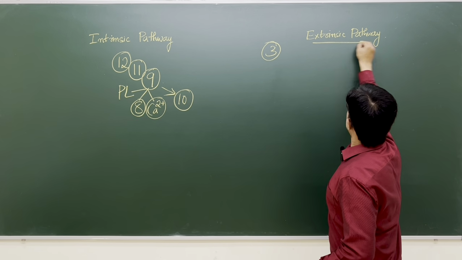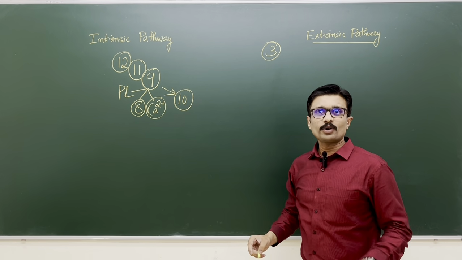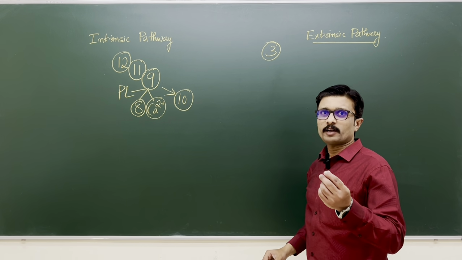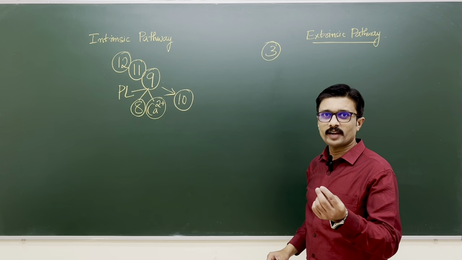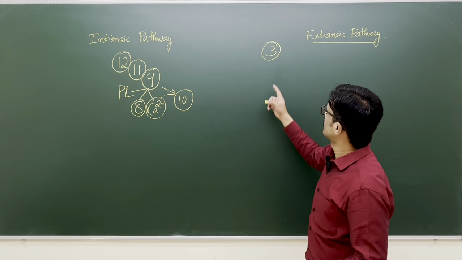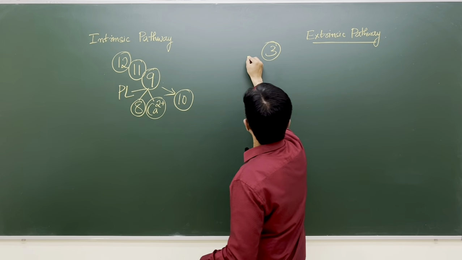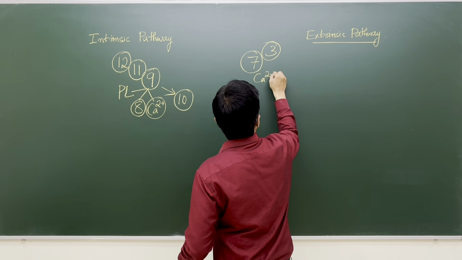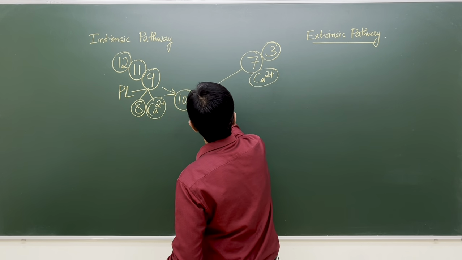Why is it called extrinsic pathway? Tissue factor is not in the circulation. Only when there is injury to the vessel wall and the fragments of the fibroblast membrane and the smooth muscle membrane enter into the circulation, this tissue factor will activate factor 7, and this forms a complex with calcium to activate 10.